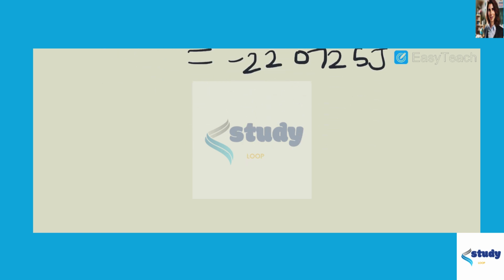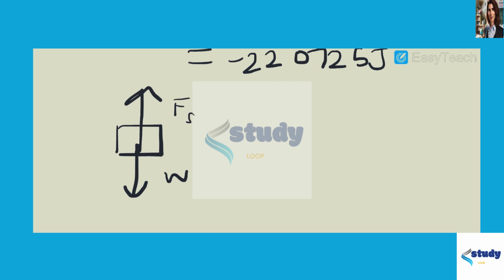So we know that in position 1, the force exerted by the lower spring is equal to the weight of the collar, and we can just draw a free body diagram to show that. So in position 1, we have the weight acting down on the collar, and then we have the spring force of K1 pushing up, and I'm just going to call that Fs.